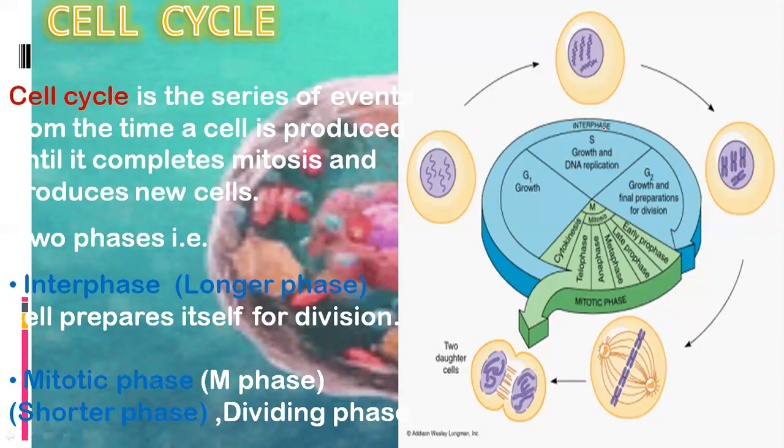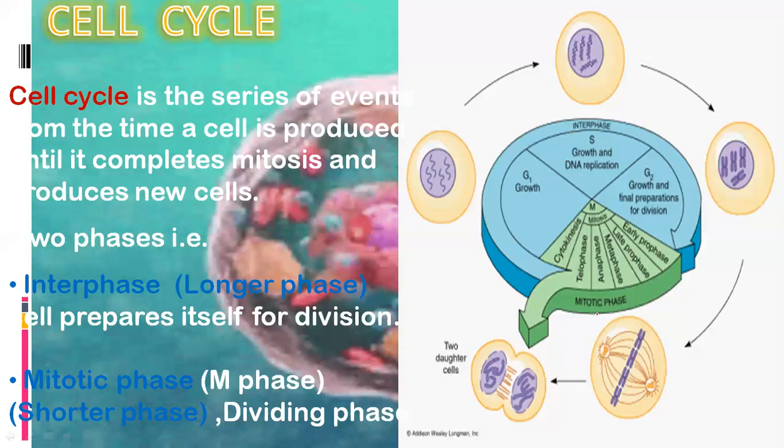Inter means between, phase means the time, the stage of the division of the cell cycle. So this is the in-between stage between two mitotic divisions. Once the cell does division, then it will go through interphase, then it will again divide.